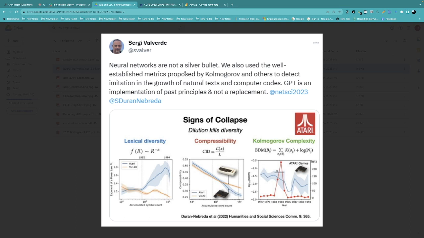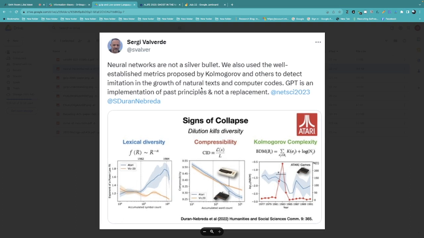Neural networks are not a silver bullet. We also use the well-established metrics proposed by Kolmogorov and others to detect an imitation in the growth of natural texts and computer codes. GPT is an implementation of past principles and not a replacement. This was actually at NetSci 2023, which happened last month. What they're doing here is basically a very similar thing to gzip, and this is why I'm including it.